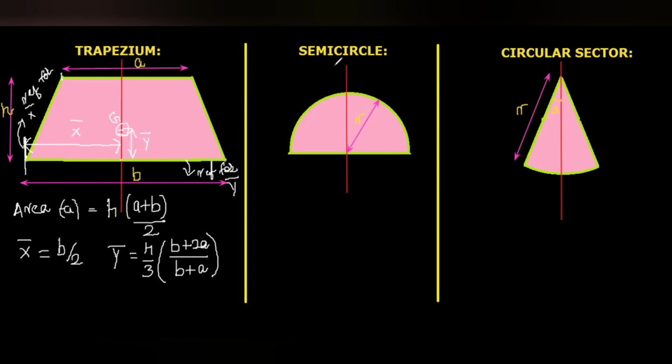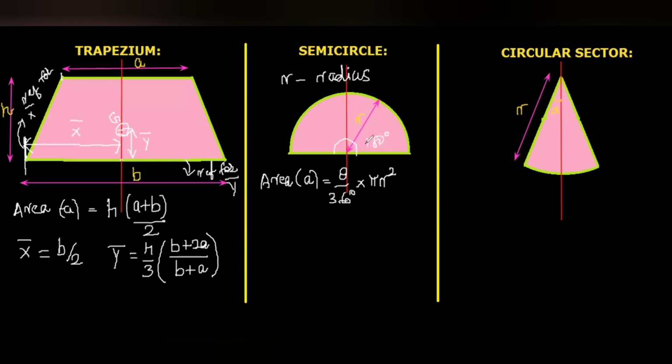Then the semicircle, which has r as the radius. It has radius r, and we know that it makes an angle of 180 degrees since it is a semicircle. For the area, the general formula for any circular sector like a semicircle, quadrant, or any circular sector is theta divided by 360 degrees multiplied with pi r square.